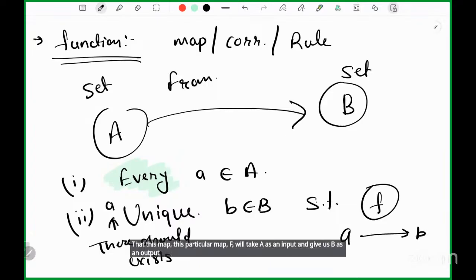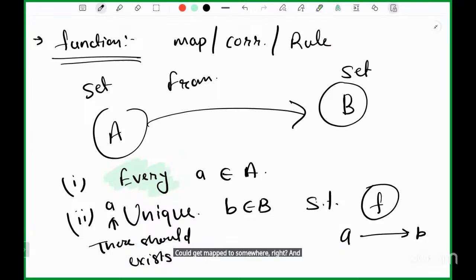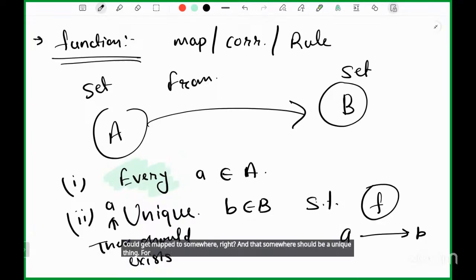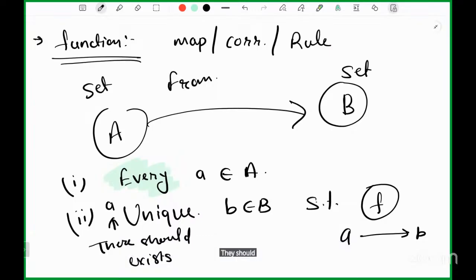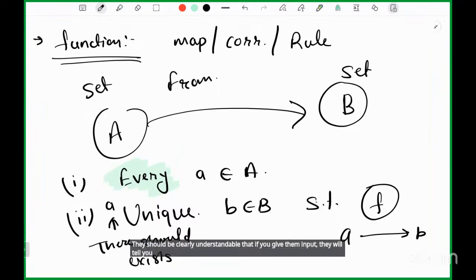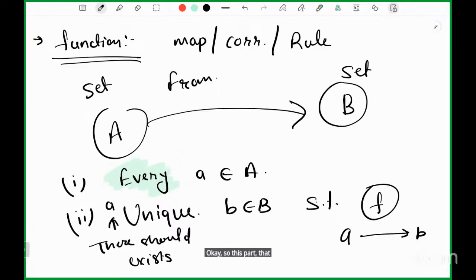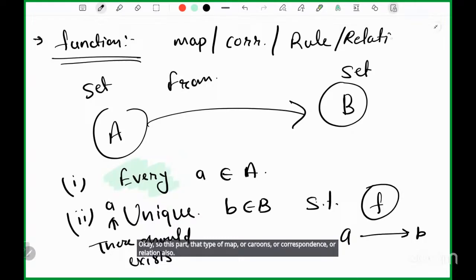So every element of A should get mapped somewhere, and that somewhere should be a unique thing. For example, if you tell this correspondence to other people, they should clearly understand that if you give them an input, they will tell you the output by looking at the function. So that type of map, rule, correspondence or relation is known as a function.